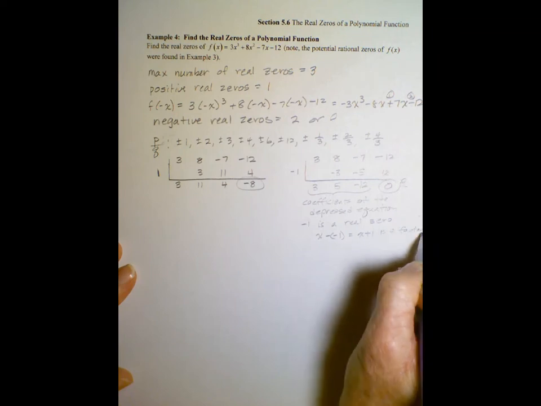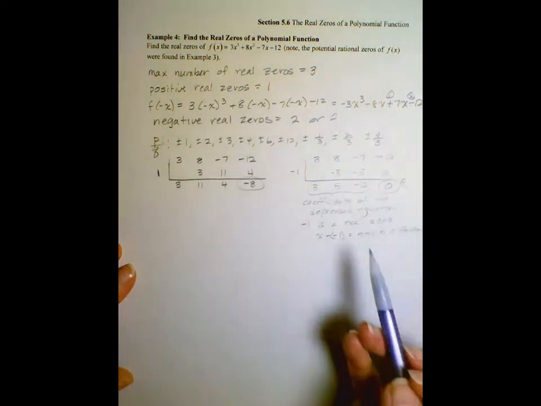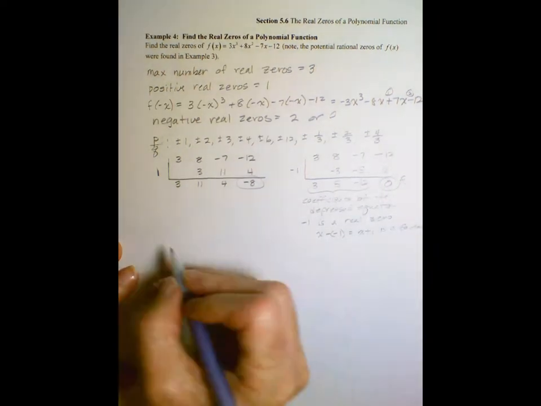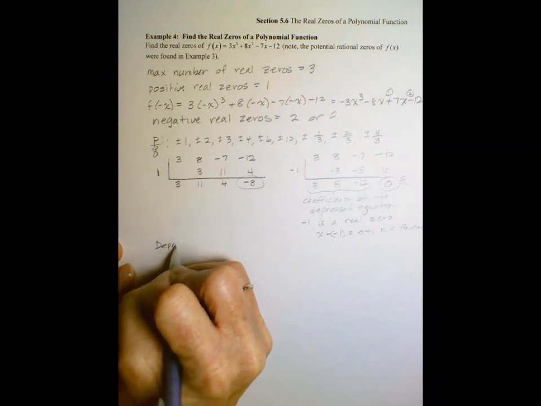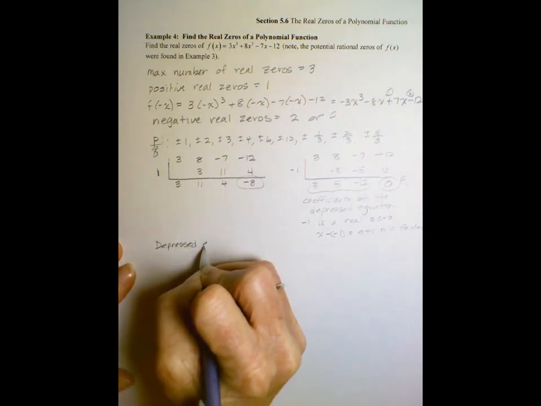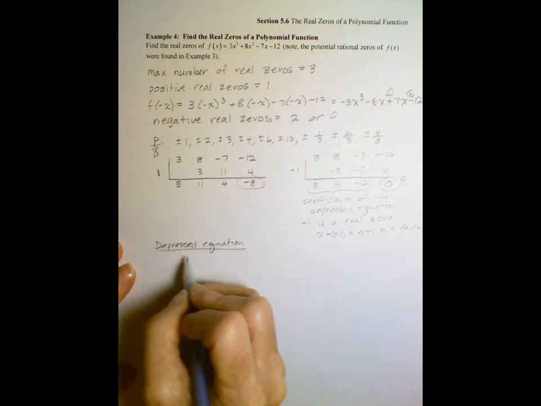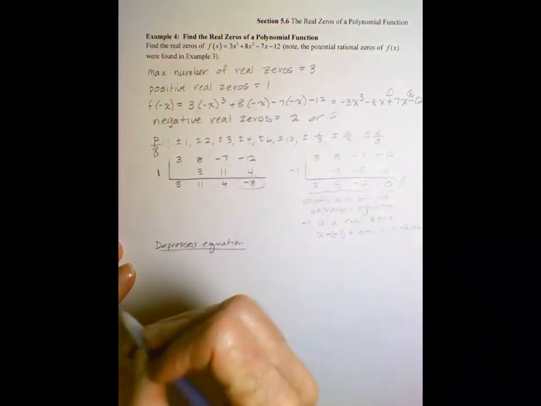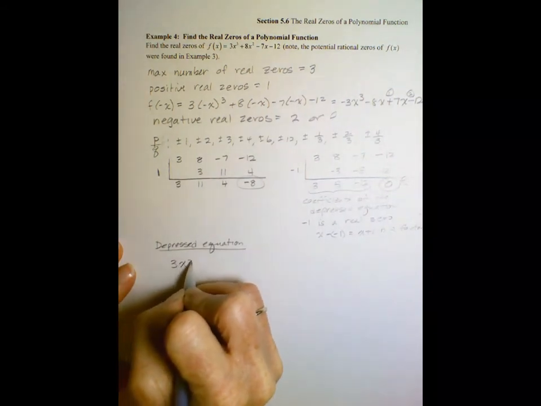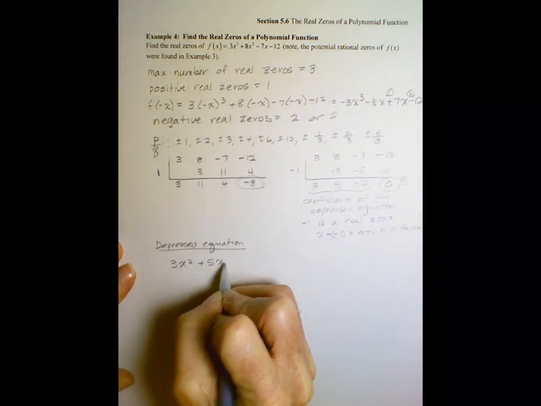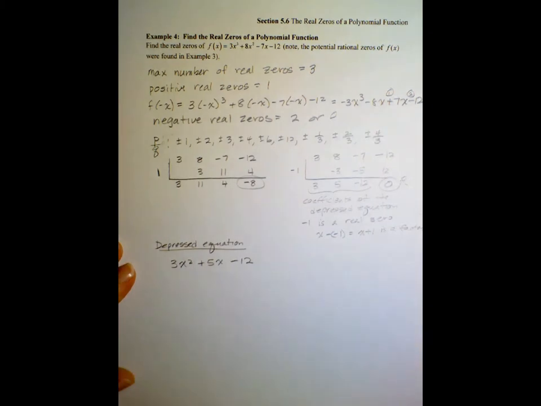Okay, so it says, now continue doing synthetic division with your depressed equation. Here's what we mean by the depressed equation. Those are the coefficients, but the equation looks like this. We drop one power. We've divided, so now it's 3x squared plus 5x minus 12. That's what's left.